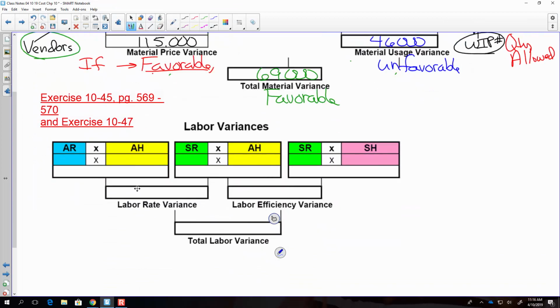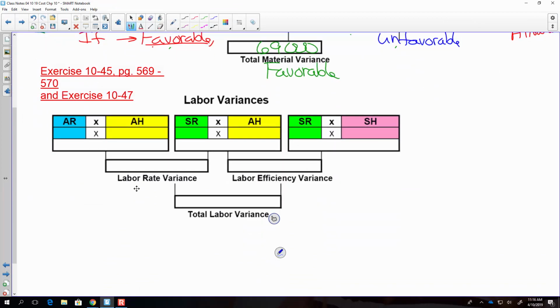Let's do labor quick. Go back to problem 45. Left to right again. So actual is on the left, our standard is on the right.